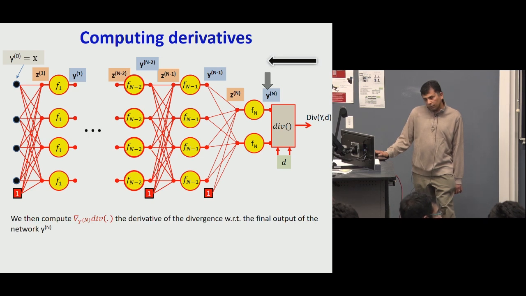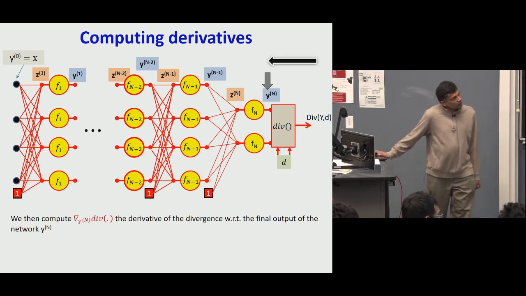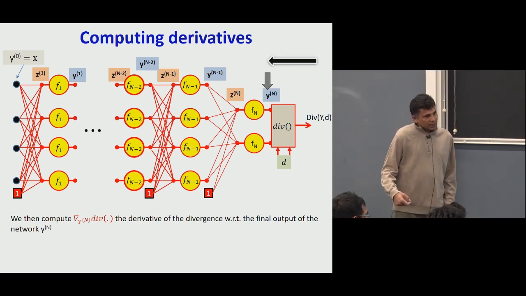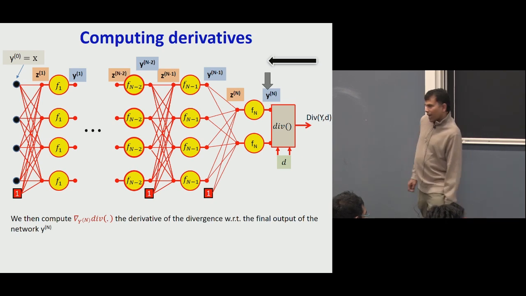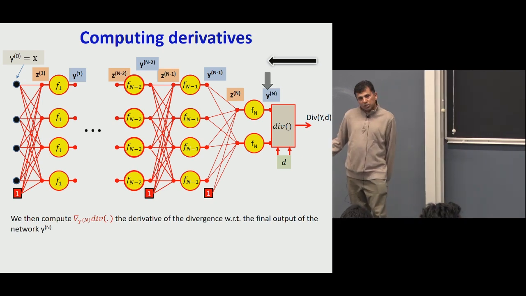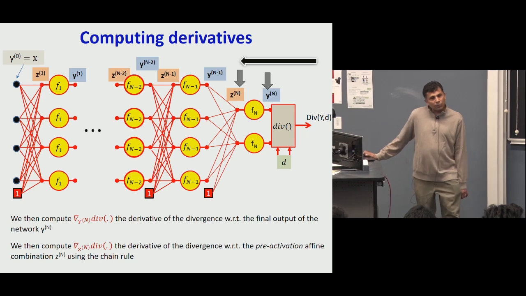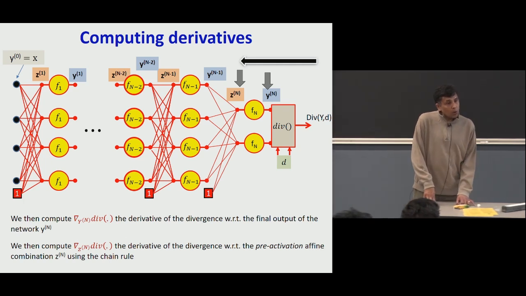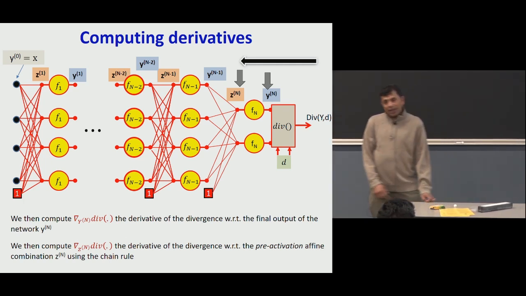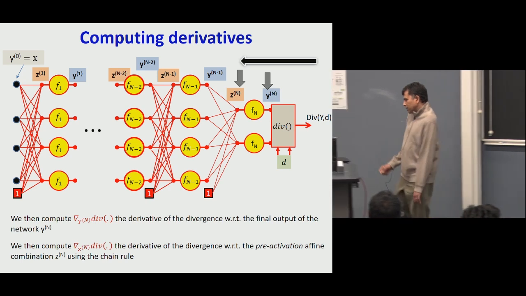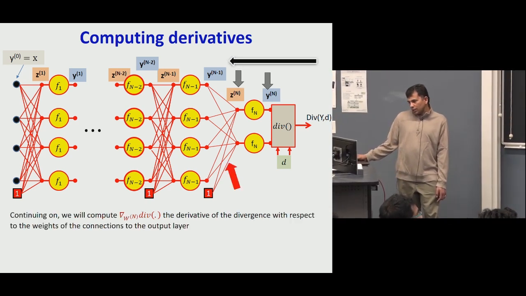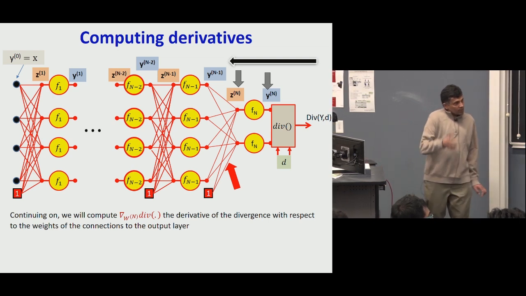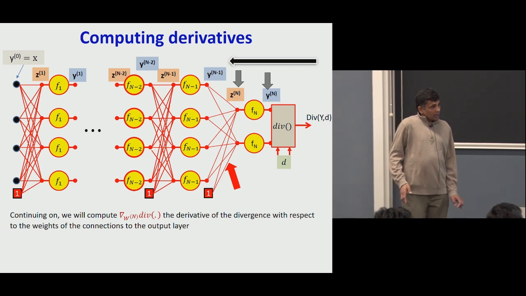And then subsequently, we're going to work our way backwards. First, we will compute the derivatives of the divergence with respect to the output of the network itself. And then once we do that, we will use the chain rule and take a step back and compute the derivatives of the divergence with respect to the affine combinations that go into these activations. And then we will take a step back and compute the derivative of the divergence with respect to all of these weights, which are the weights of the neurons in the final layer.